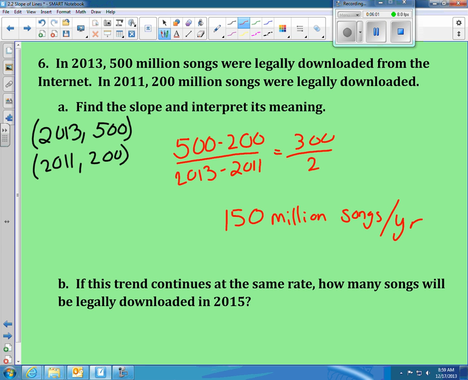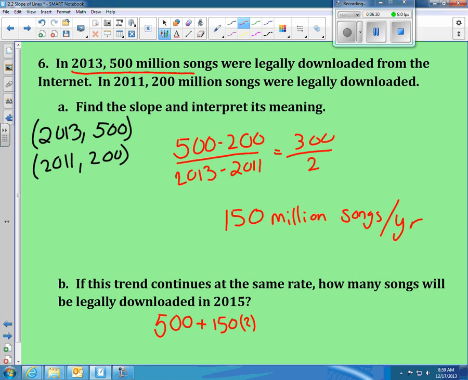B says, if this trend continues at the same rate, how many songs will be legally downloaded in 2015? All right, well, we've got to think about there's 150 million songs downloaded per year. In 2013, there were 500 million songs downloaded. So we're going to take 500 and we're going to add, well, from 2013 to 2015 is 2 years, and there's 150 million downloaded per year.